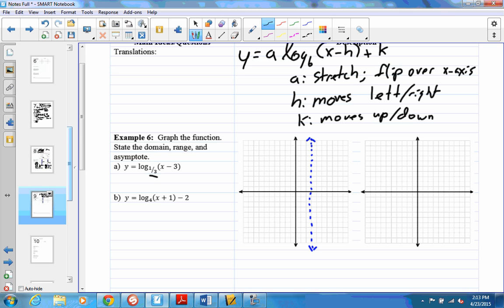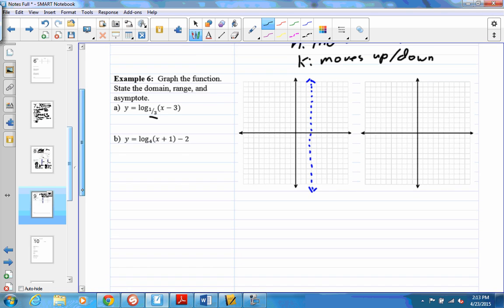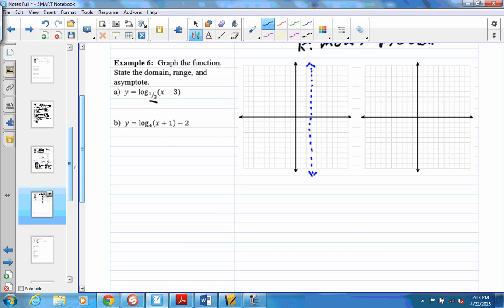That's just like I did with vertex form for parabolas. x equals 3. Yes, good. You're good. So let's make a chart, guys. X and Y, right? Same thing. Plug in -2, -1, 0, 1, and 2.